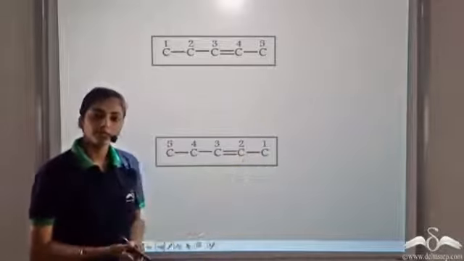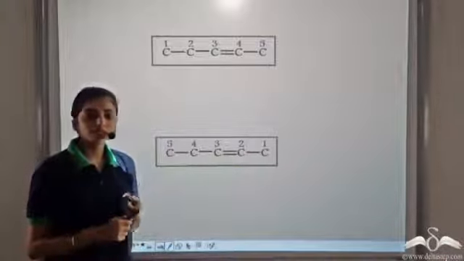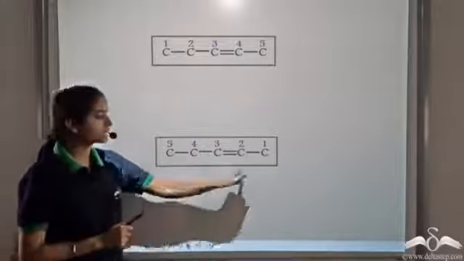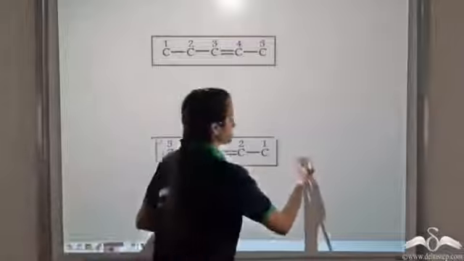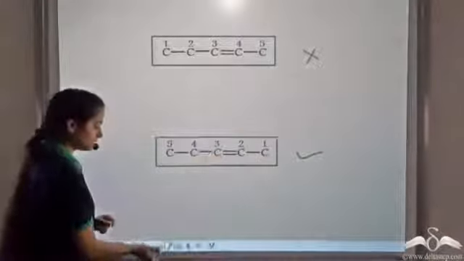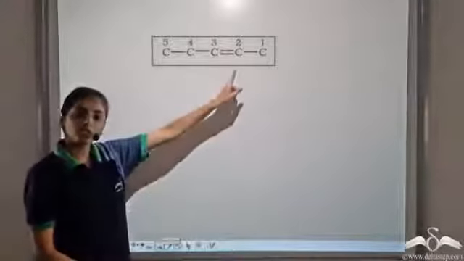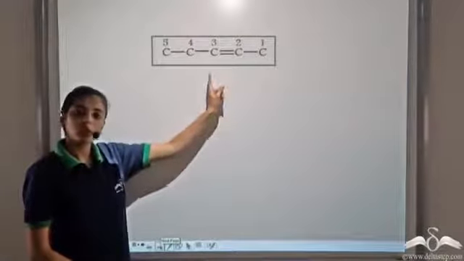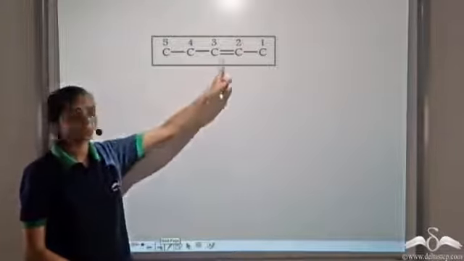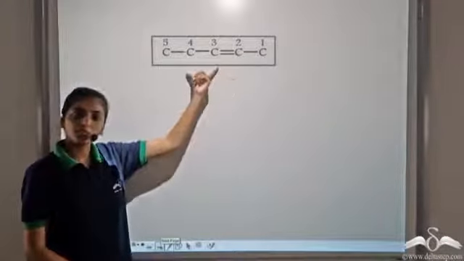So which is right? We know the rule states that the functional group should get the lowest number. So in this case, this is right and this is wrong. So we take this, that is, we start the numbering from the right hand side. Now we have to give the word root. The word root comes from the number of carbon atoms in the longest carbon chain.